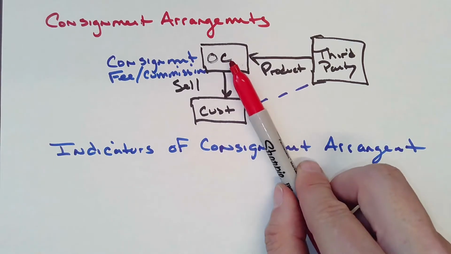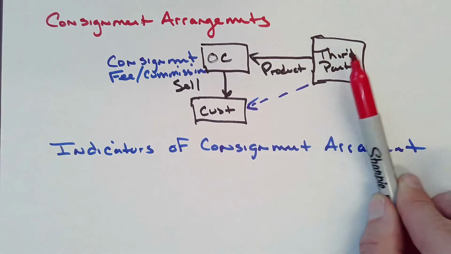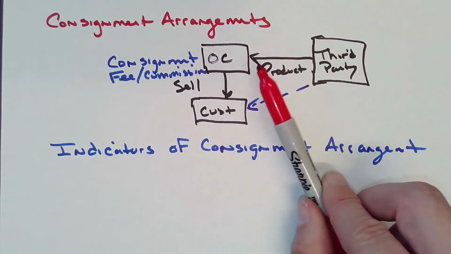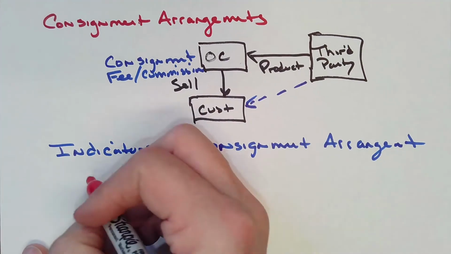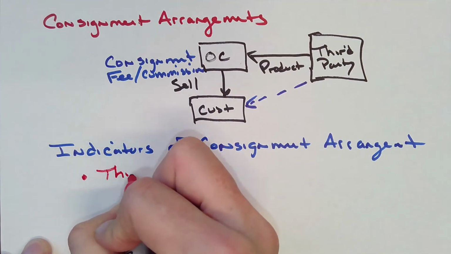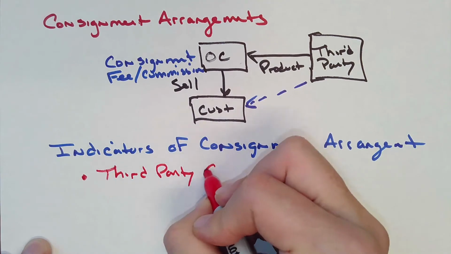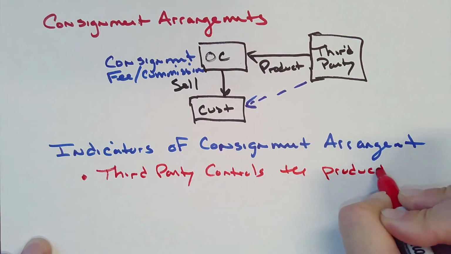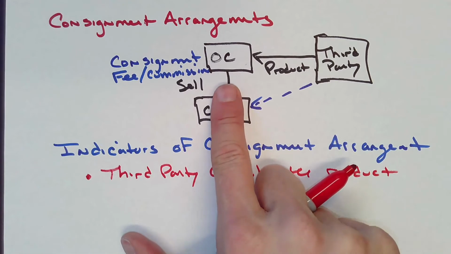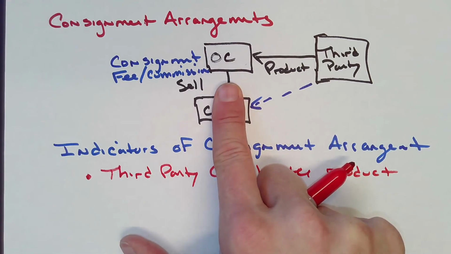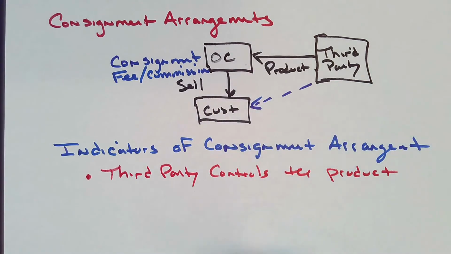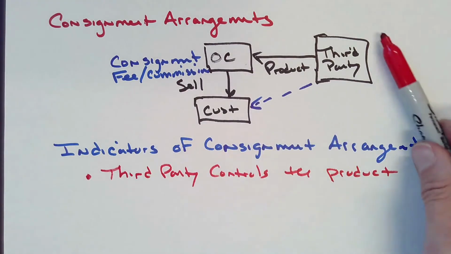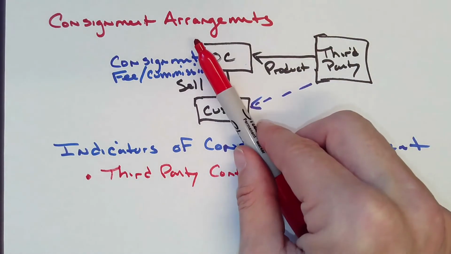So we're the dealer, they're the entity, they control the product. They control what happens to it. The third party controls the product and not our company, the dealer, until some other event occurs where they sell the product to a customer or the dealer, or the period of the consignment arrangement expires.